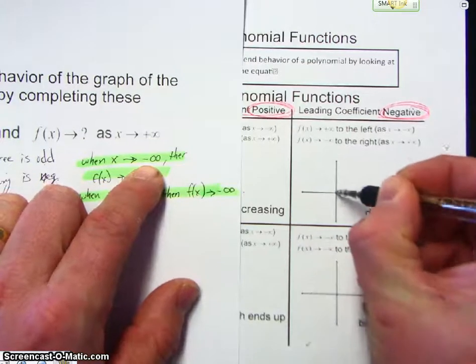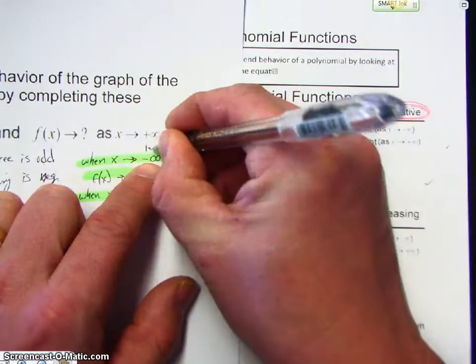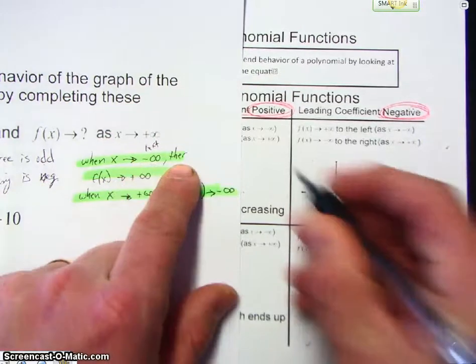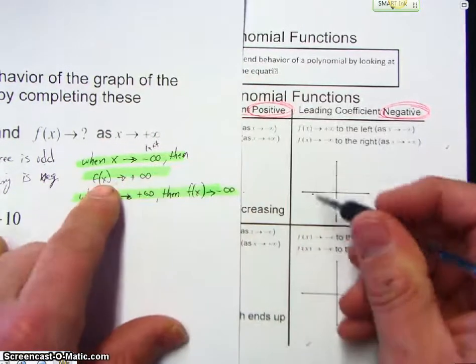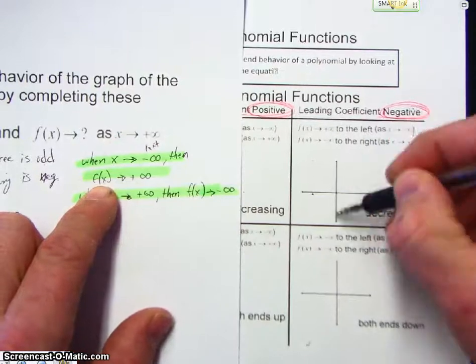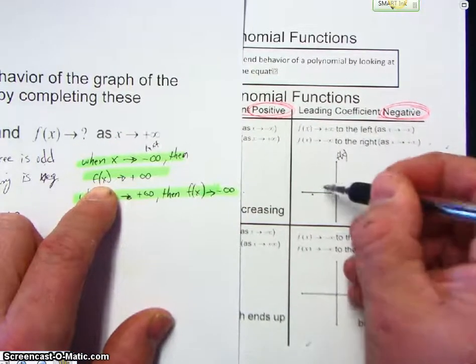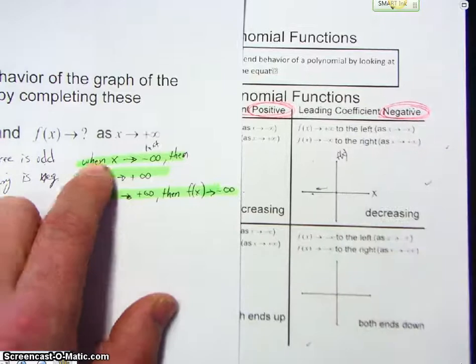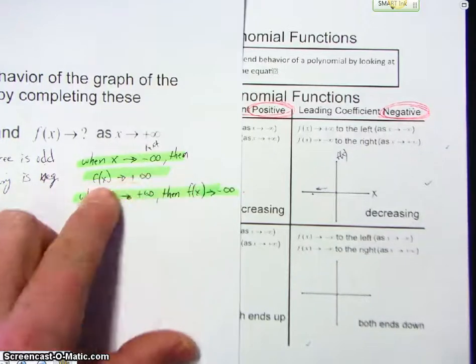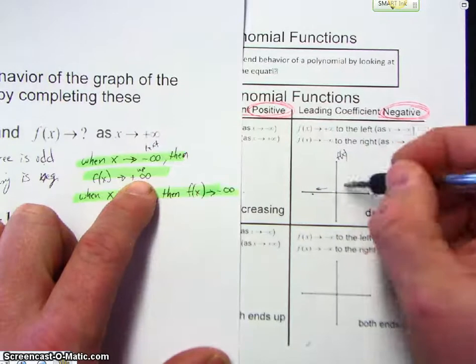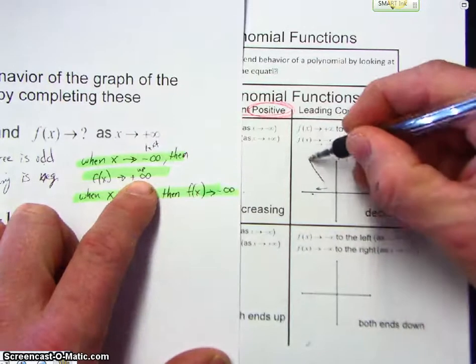We start here in the middle, and negative infinity means we're going left on the x-axis. As I'm going left on the x-axis, f of x, which is your y-axis, is positive, so that means I'm going up. As I'm going left, I'm going up, so in other words, I am going this direction.